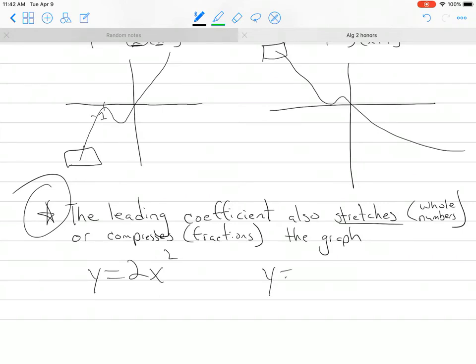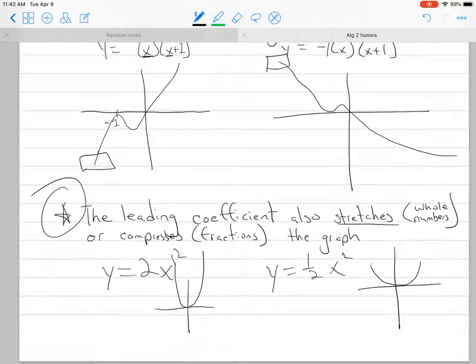Or if you have y equals 1/2 x squared, it compresses it so it's shorter. So this one stretches so it's longer, and this one compresses so it's shorter. Those are the things that you need to know.